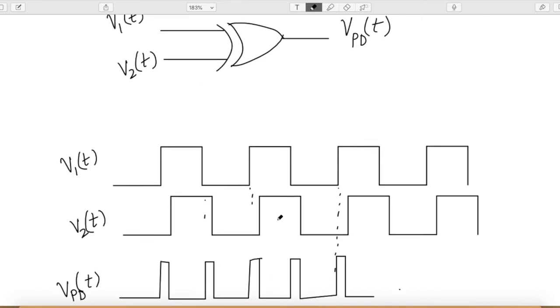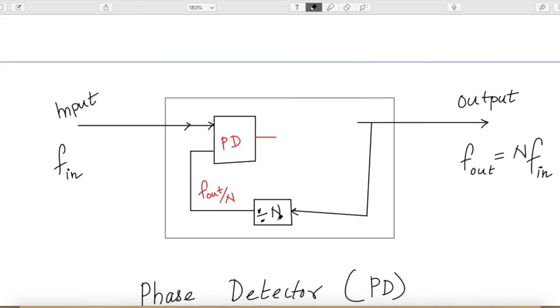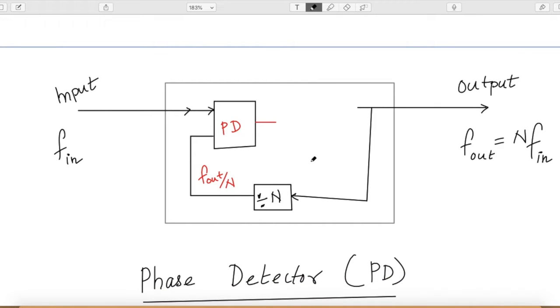If you go back to the block diagram that we have discussed, what we have seen in the last lecture is that the frequency that is spitting out, f out, is n times f in. It is divided by the divider, and finally we compare it with the input frequency. So the output frequency, which is n times f in, has to be generated by some oscillator.